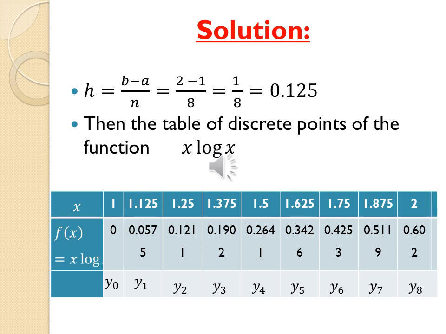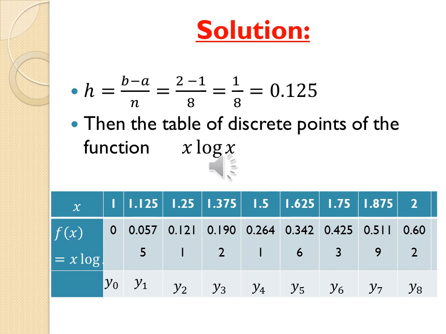The upper row is x, and the second row is f of x equal x log x. The first value for x is 1, and we increase each step by 0.125. So the second is 1.125, then 1.25, till the last column is 2.